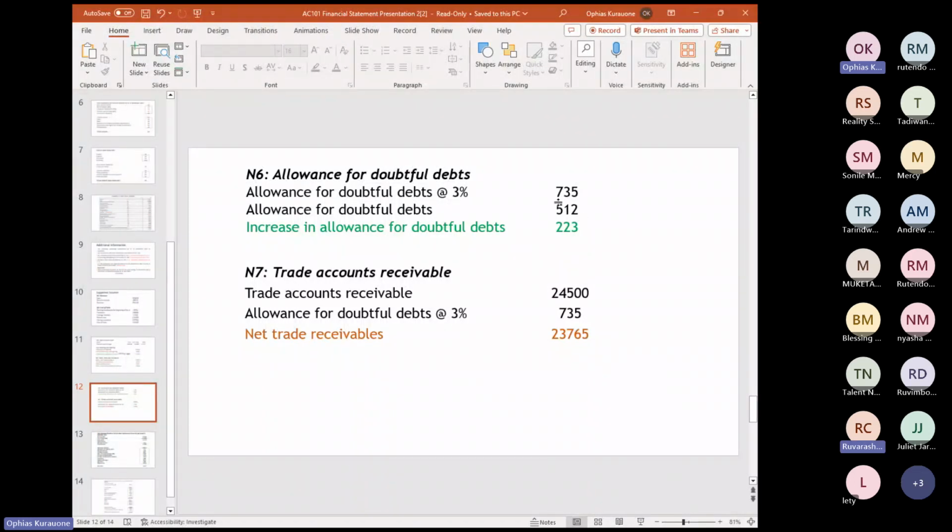You don't write 735 or write 512 provided on the trial balance. What you need to do is to adjust, to compare the one which they provided this year. For example, they provided 735. Then you compare 735 with the allowance which is already there. So the increase in allowance for doubtful debt is 223.